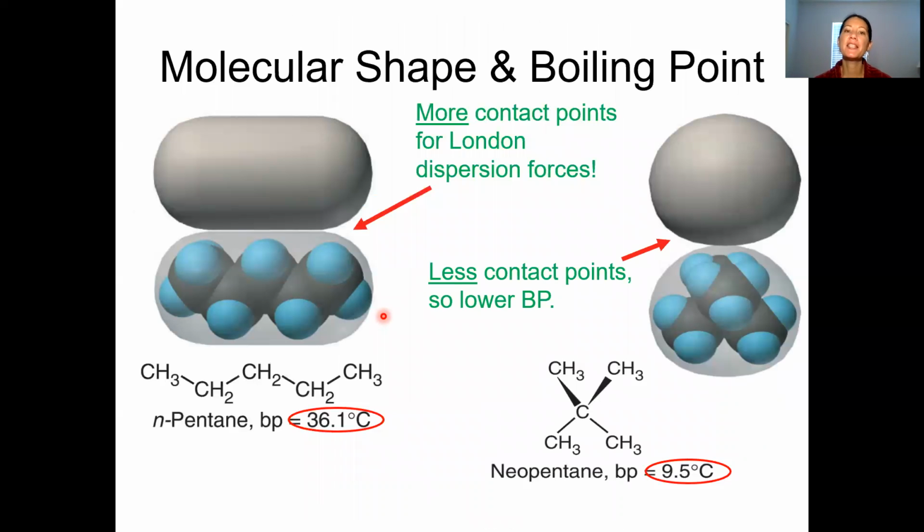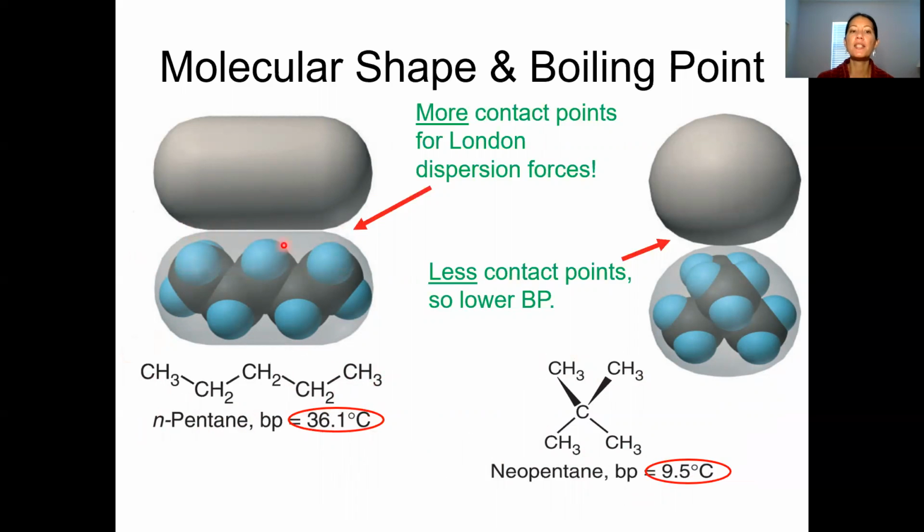Molecular shape can make a difference. So I've got pentane here, 5 carbons and hydrogens attached to fulfill the octet. Here I have neopentane, same formula, but different connectivity. Look at the difference in boiling point. It can't just be explained by polarity because both are nonpolar. 36 degrees C versus 9. The reason is that this n-pentane, which stands for normal, just a straight chain, is more spread out.